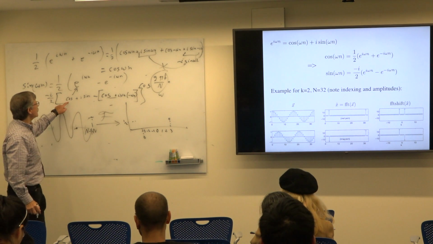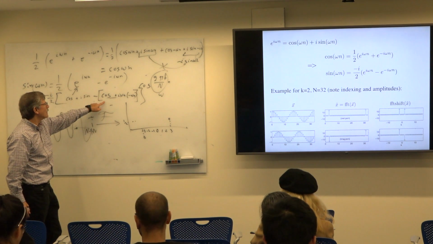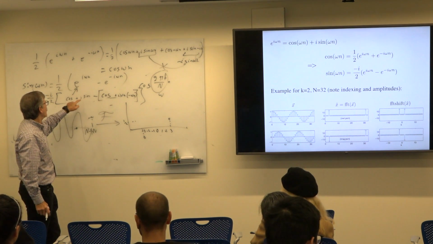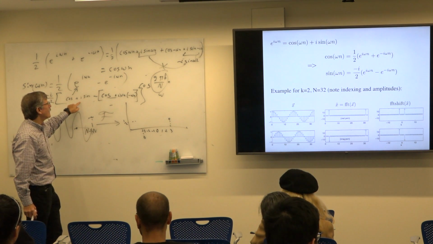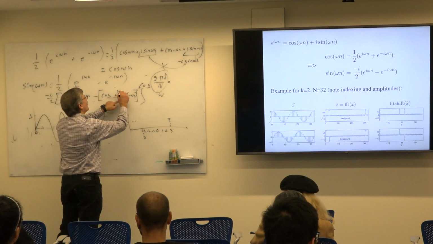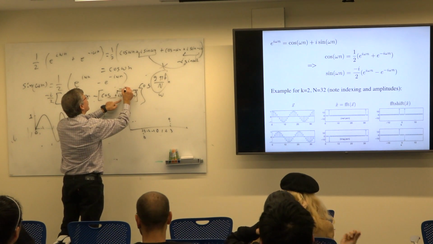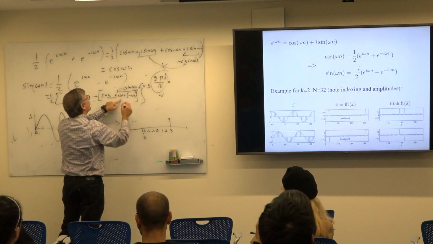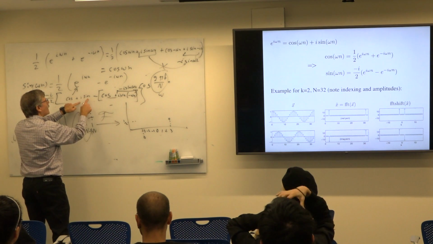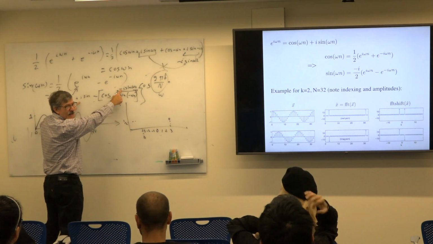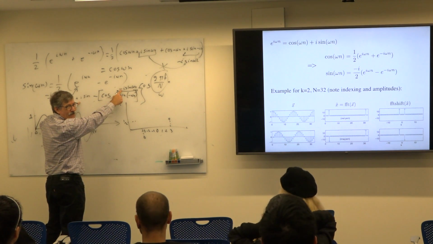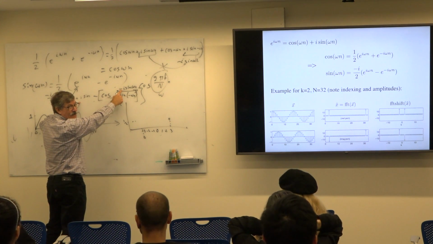Okay, so we got cosine minus cosine, that cancels. Now, we have an I sine, and this is the same as minus I sine omega n. So we have I sine omega n minus I sine omega n. So those don't cancel.